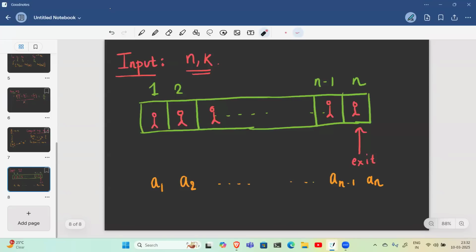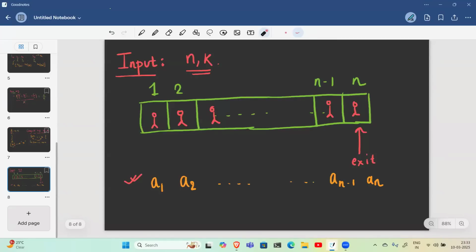Okay. So the question says that you need to install n teleporters a1 to an in each of these cells. So how should I install these teleporters? What is the objective? The objective is simple. An integer k is given as input, and it is said that every person will make k teleportations. So whatever k be, every person, depending on these integers ai, will make k teleportations. After making these k teleportations, depending on what ai I give as output, this person reaches some position here.